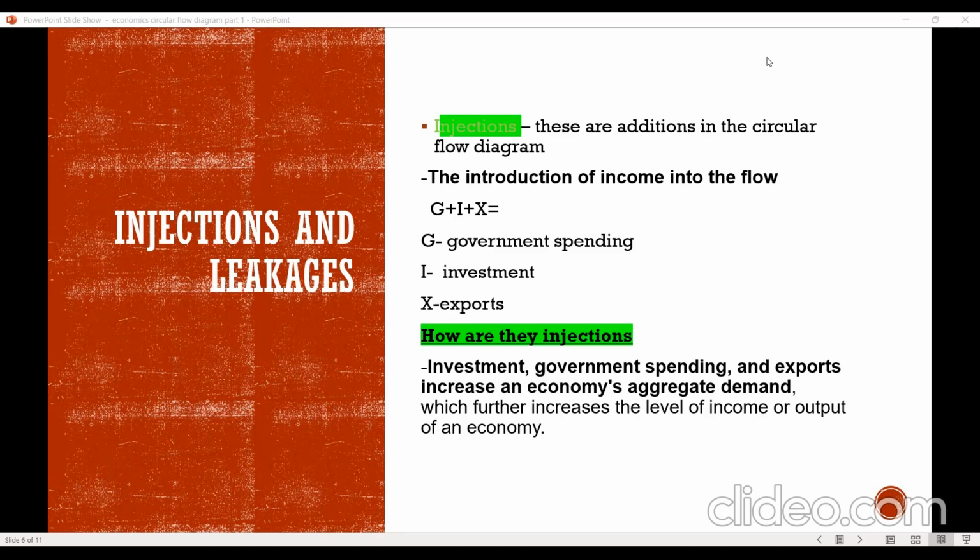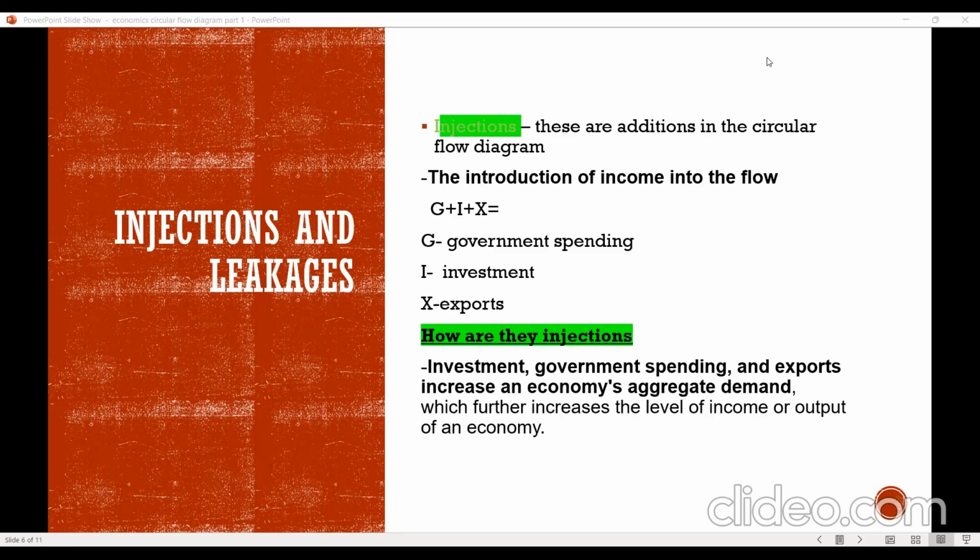And when the total demand of our economy increases, this will lead to a further increase in the level of income and the level of output in an economy. As a result, we have more inflow of money, an increase in our income. That's why these three are regarded as injections.